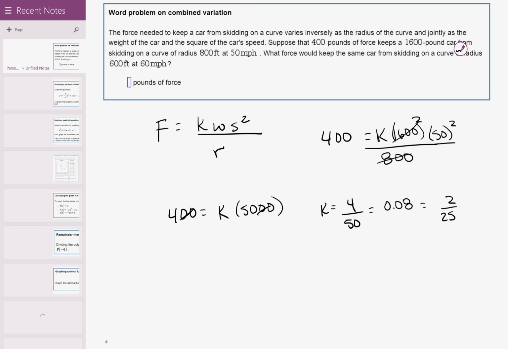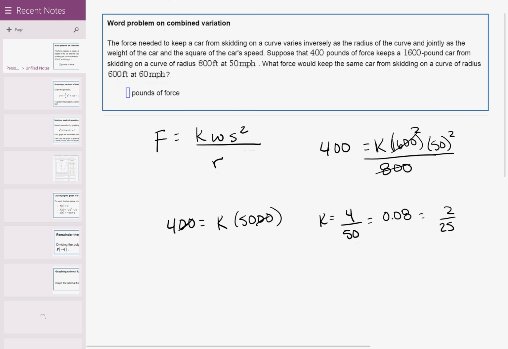So what force would keep the same car from skidding on a curve of radius 600 feet? So I'm looking for force. My constant is 0.08.